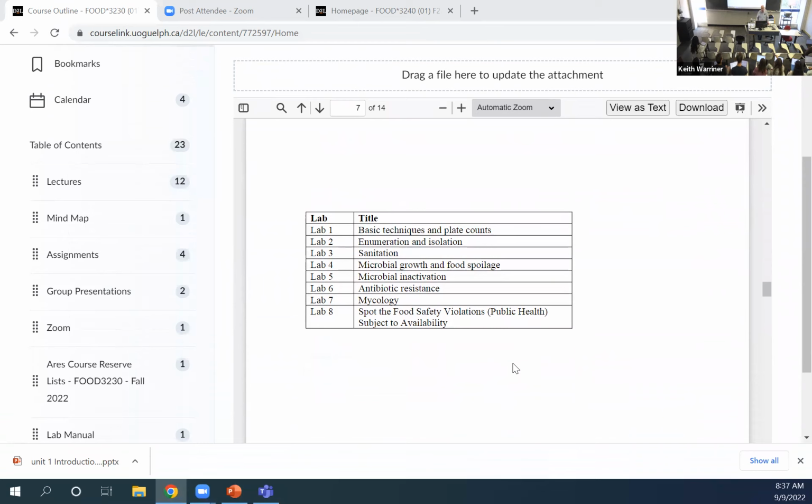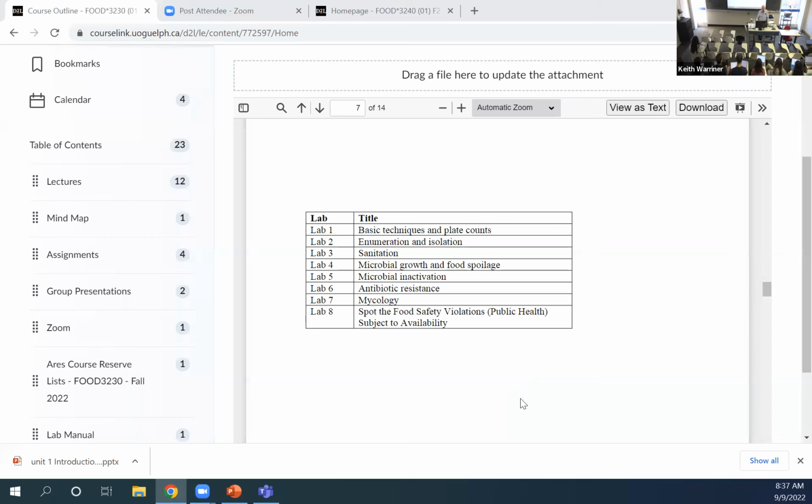So we're going to teach you how to do basic lab technique, and then how to analyze foods, how to do a sanitation monitoring exercise. We'll talk about how we do validation, microbial inactivation, thermal inactivation curves, a bit of mycology, and then at the end, we go over to public health if we're open. We haven't been for the last 2 years for obvious reasons, where we do food safety culture. So I don't know if that's something to look forward to, but that's what we do.